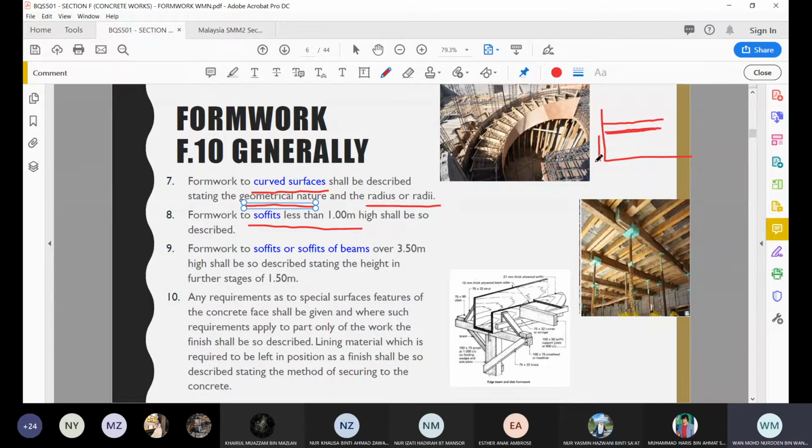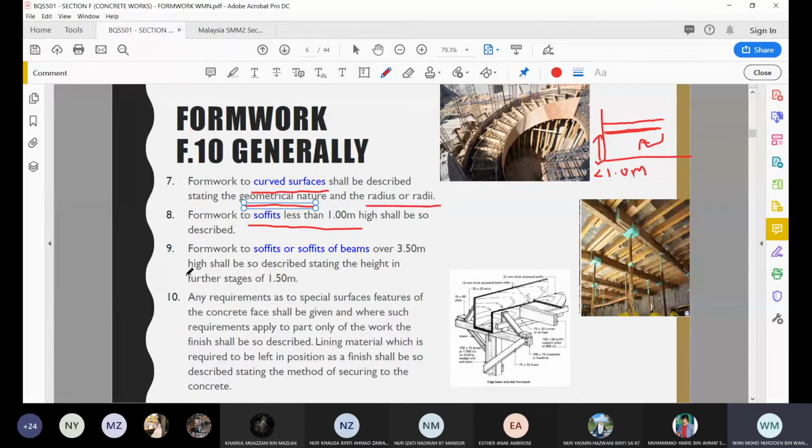Okay, so this height is less than 1 meter. So kerja-kerja untuk buat formwork to soffit untuk kawasan less than 1 meter high ni, dia agak sempit. Okay. Bila agak sempit, dia lebih rumit lah. That is why dia perlu describe separately lah. Betul kat sini, formwork to soffit less than 1 meter shall be so described.